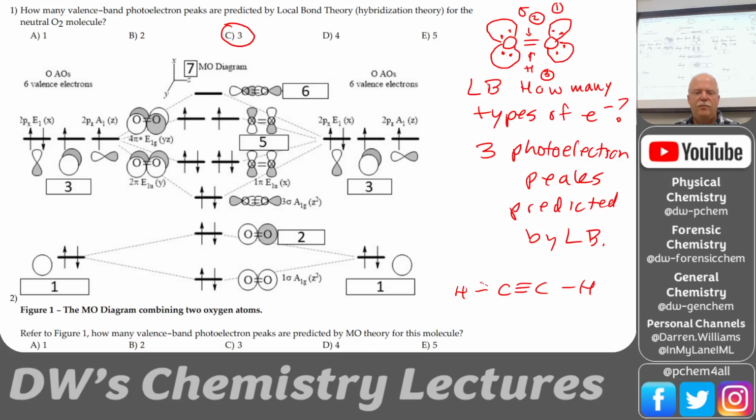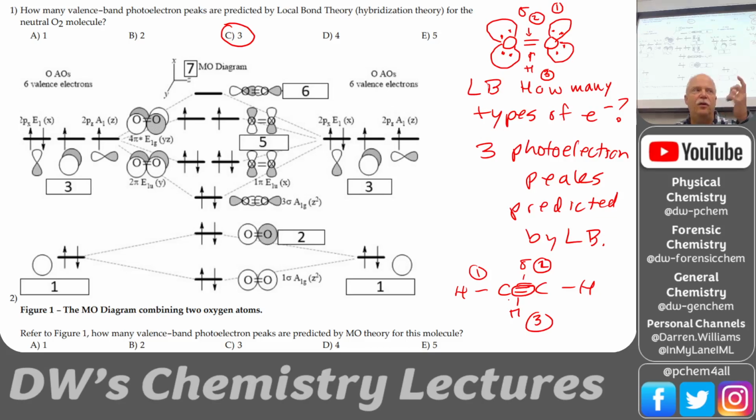Okay, we've got CH bonds, and so that would be 1 type. And then we have the sigma bond here. That would be a second type. And then we have both pi bonds. And that would be a third type. And so for acetylene, there would also be only 3 types of electrons.